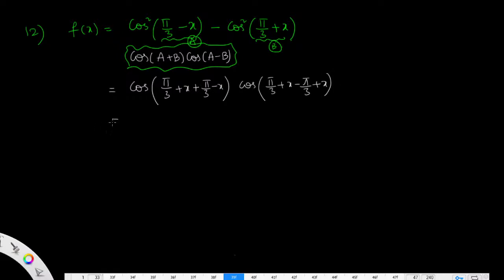Now simplify. Which formula can be applied? If both are sine or both are cos, then it goes to sine only: sine of a plus b into sine of a minus b. If one term is sine and one term is cos, then it is cos of a plus b into cos of a minus b.